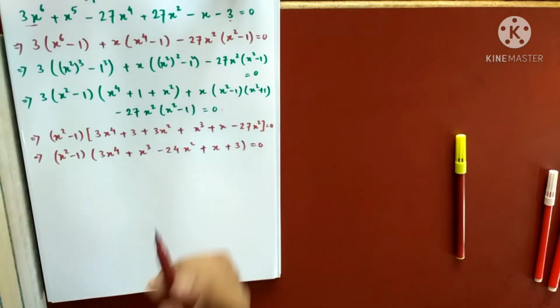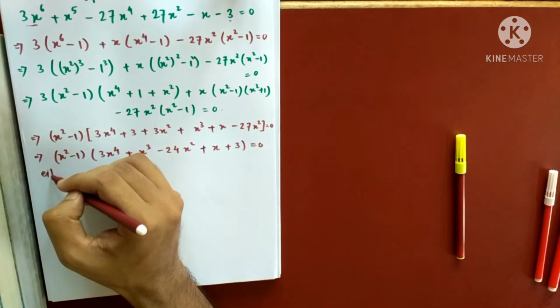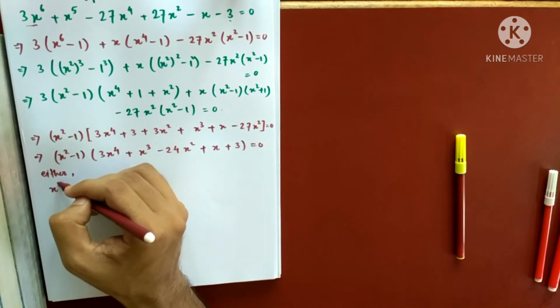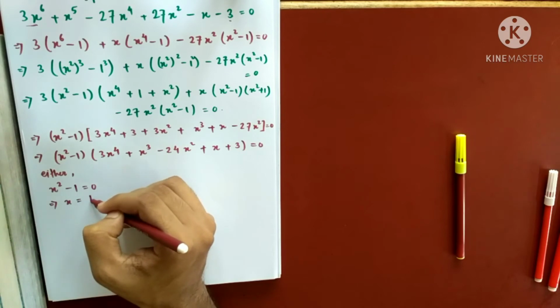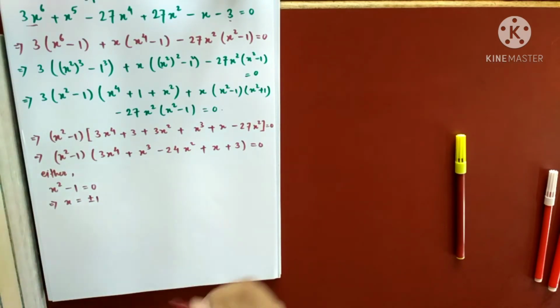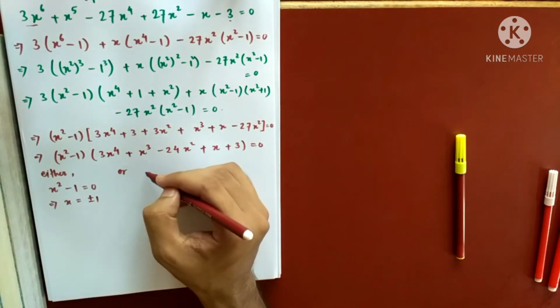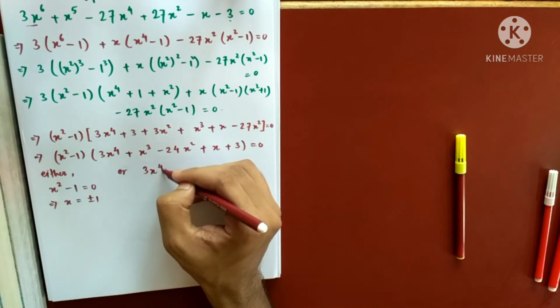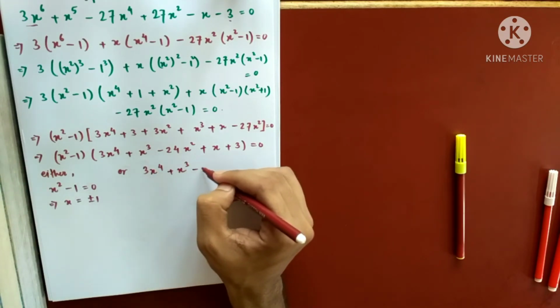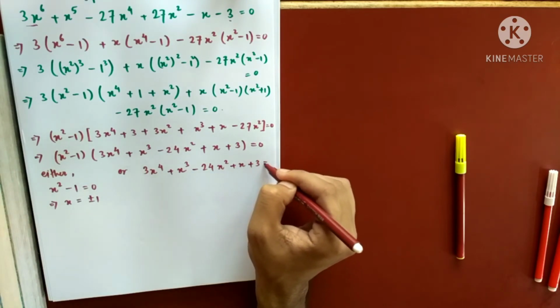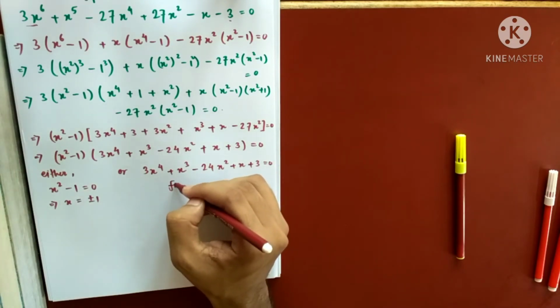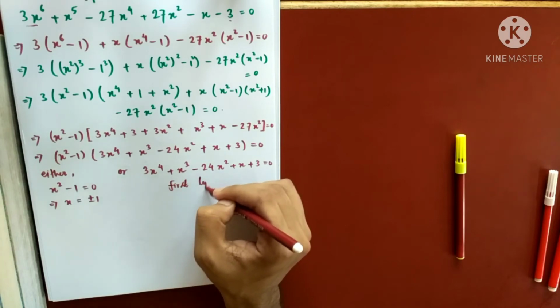So either this equals 0, and when this equals 0 you will get the roots as plus or minus 1, or this will be equal to 0, and this is of first type and even degree. This is of standard form, and you know how to solve it.